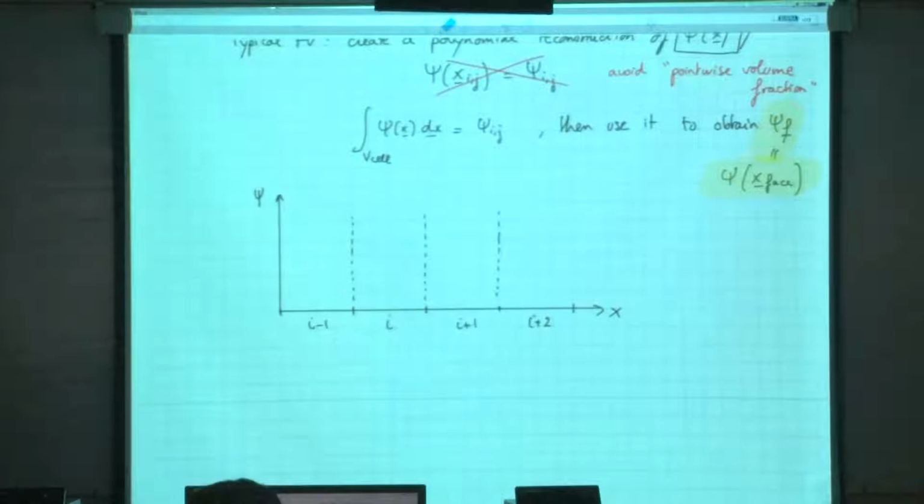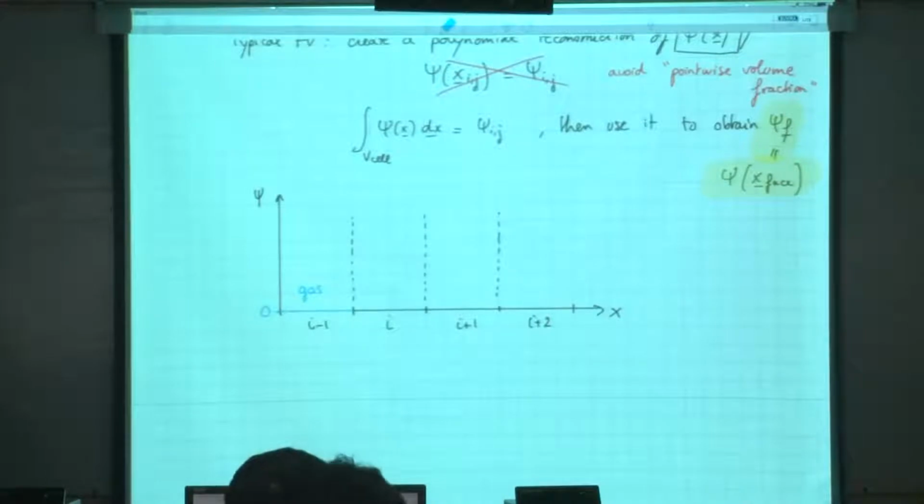Gas to liquid. Say cell I minus 1 is in the gas. If it is pure gas, then the value of my VOF field will be identically 0. And say that my cell I plus 1 is in the liquid, then the value of that cell will be identically 1.